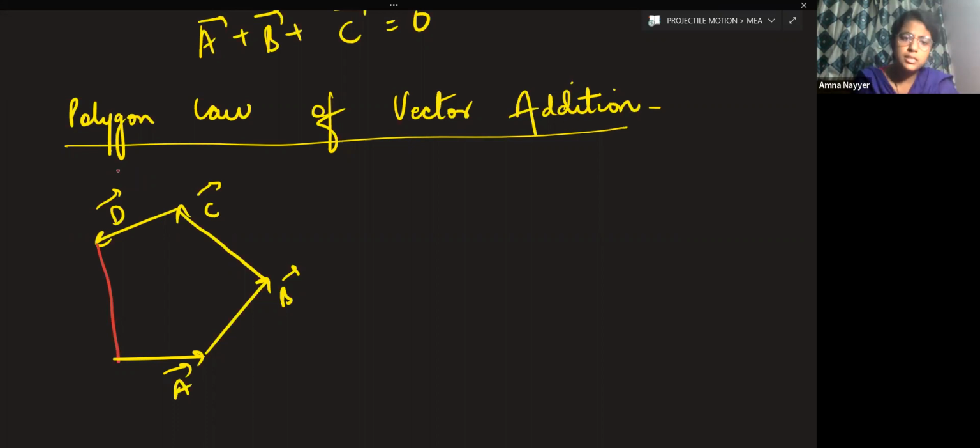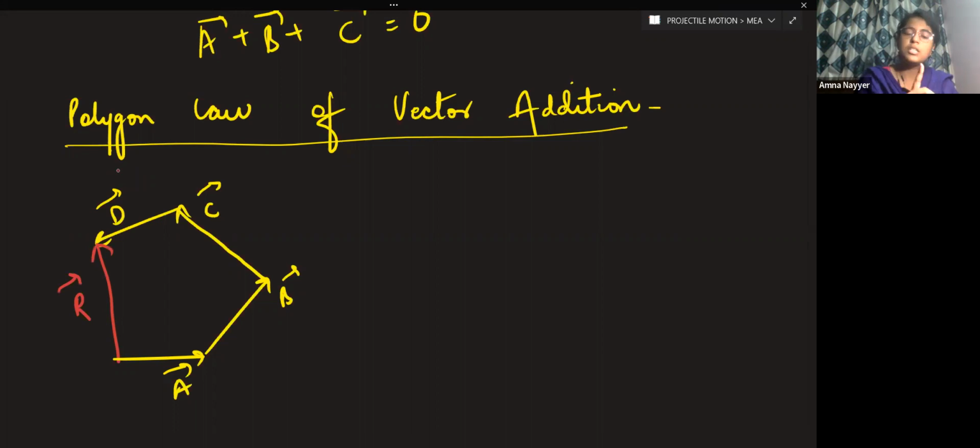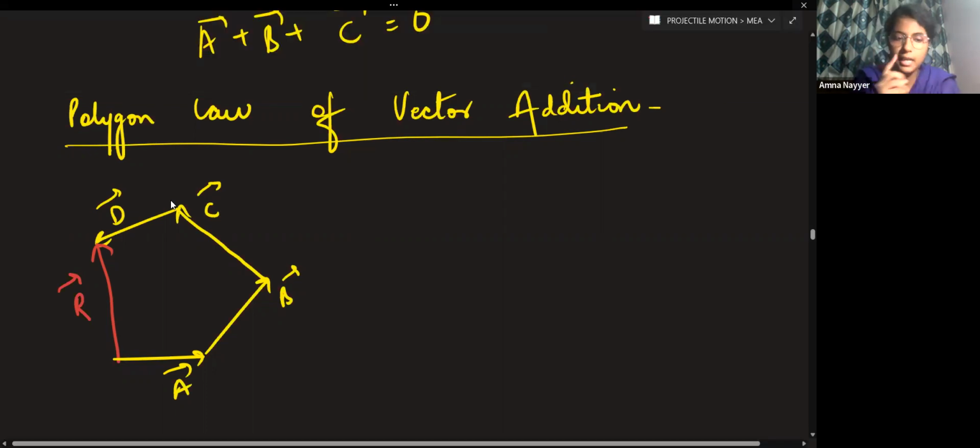If this is representing the sides of a polygon, then the resultant is given by the closing side taken in opposite order. Whatever you studied for triangle law, all the same things are there. It's just that there is more than a single one. So I'll write down the statement as well. Understand the statement simultaneously.